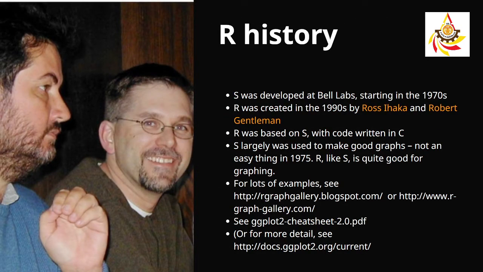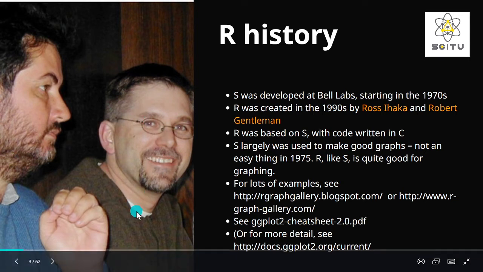In history, it was first established as S, like RStudio, S for statistics. S was developed by Bell Lab. On the left-hand side are Ross Ihaka and Robert Gentleman.